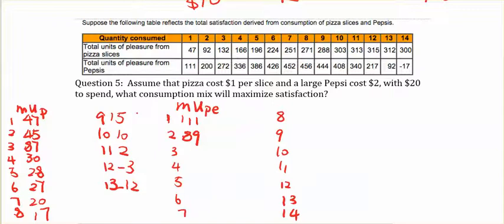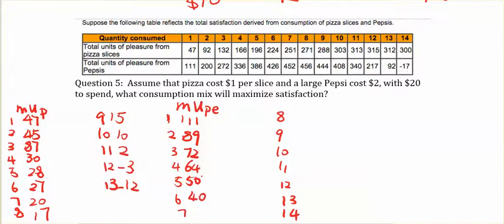The next is 272 minus 200, and we get 72. Then 336 minus 272, and we get 64. The next is 386 minus 336, and we get 50. And the next, 426 minus 386, and we get 40.